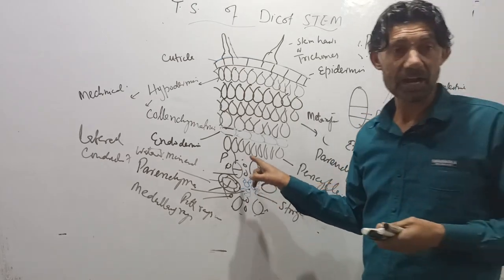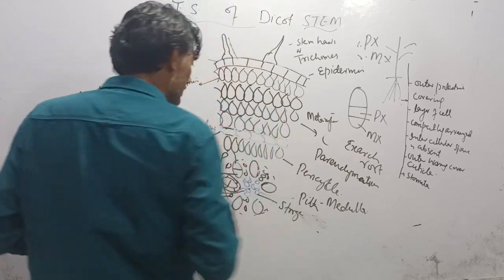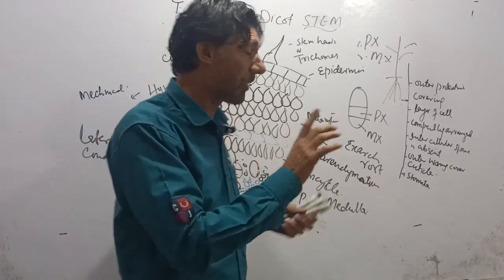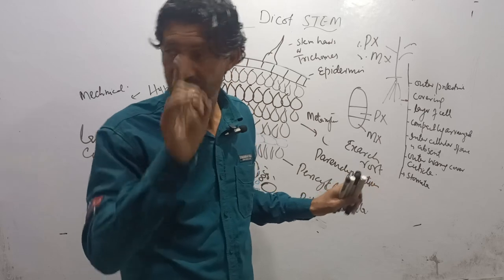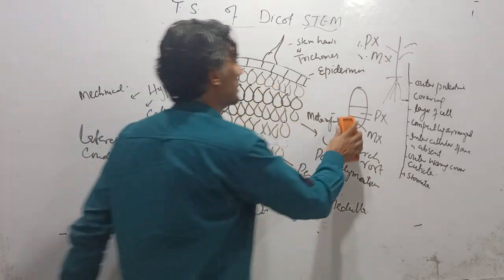Okay, so this is the structure of the dicot stem. Now the monocot. Monocot and dicot are similar, but there are some differences.